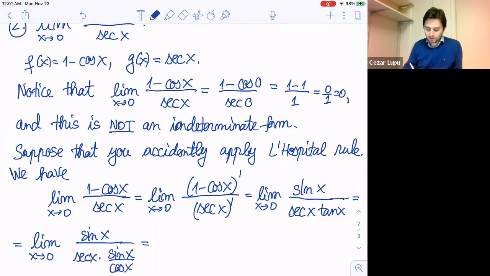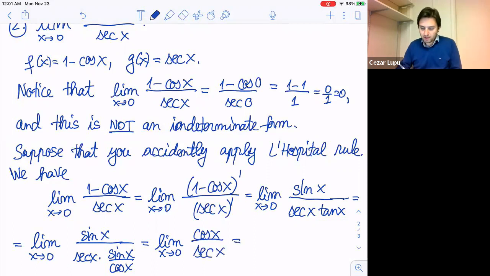And this would be nothing else than the limit as x approaches 0 of cosine of x over secant of x. But now, if we pass the limit, it's cosine of 0 over secant of 0. This is 1, this is 1, so it's 1.